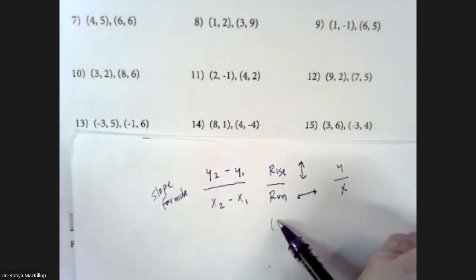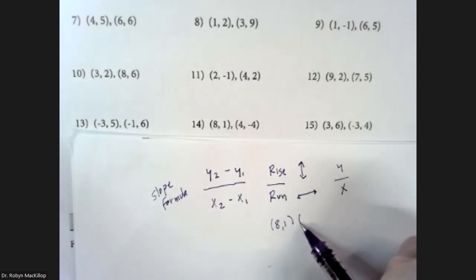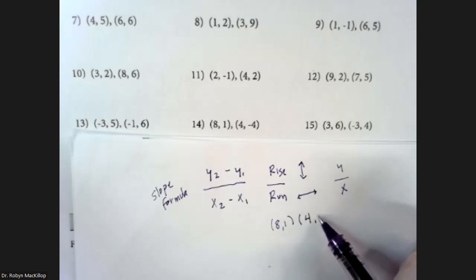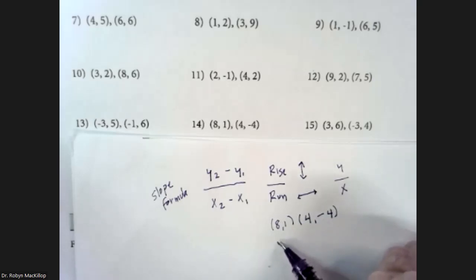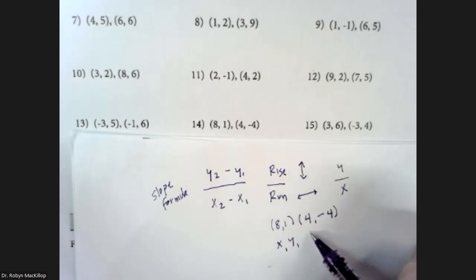All right, so we've got 8 and 1 for number 14 and 4, -4. This is going to be x1, y1. This is x2, y2.